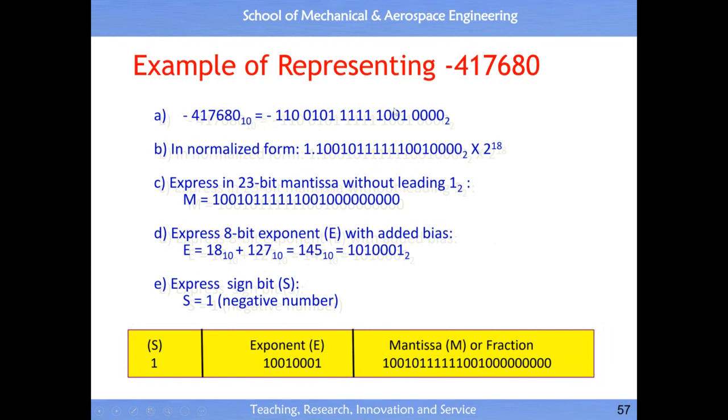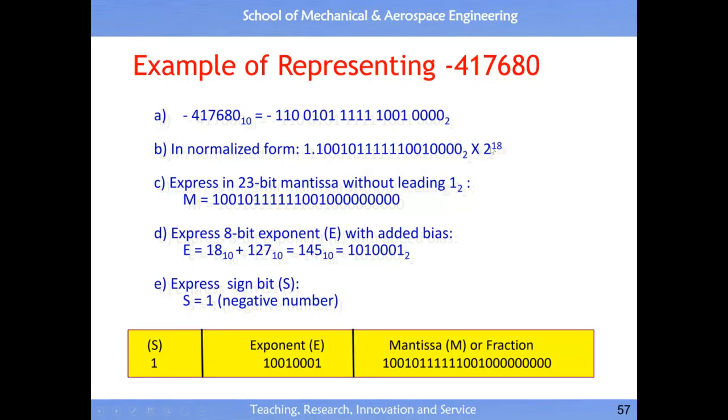This is why we can write this as 1 point something times 2 raised to the power 18, because we need to shift 18 times toward the left-hand side. One shift gives us a 2, another shift we can take out another 2, so after 18 shifts we can take out 2 raised to the power 18.